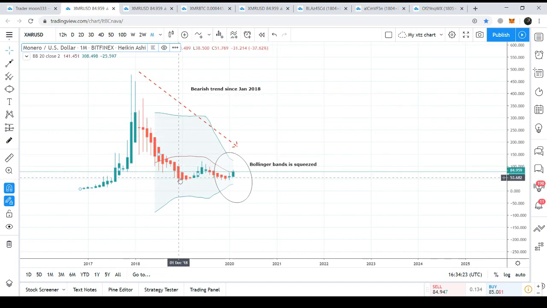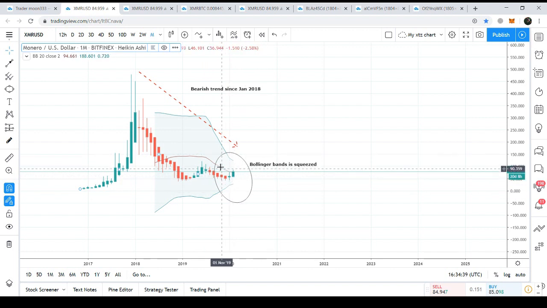After hitting this lowest price level, the price action was moving sideways, and after that it took a little bit of bullish divergence and moved down, and now it has formed a double bottom and is again taking a bullish divergence.